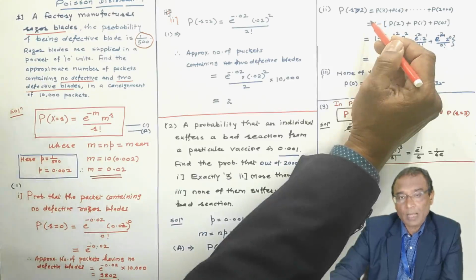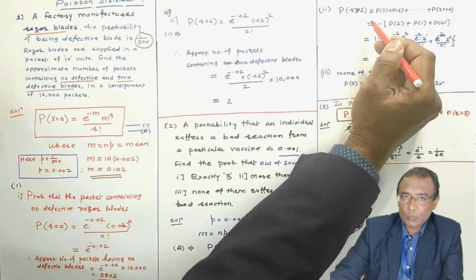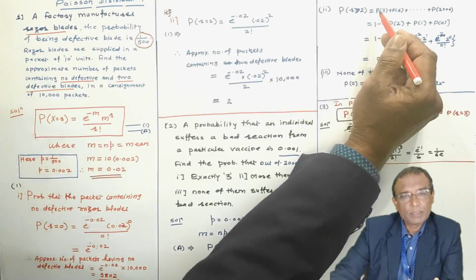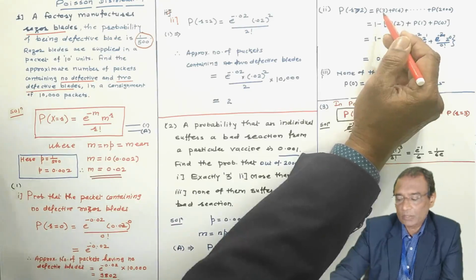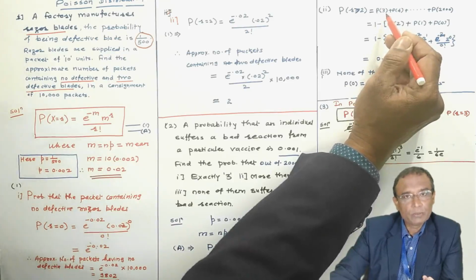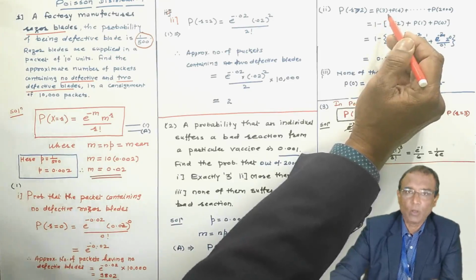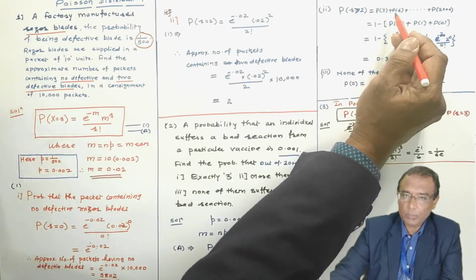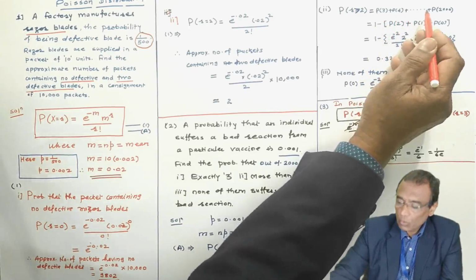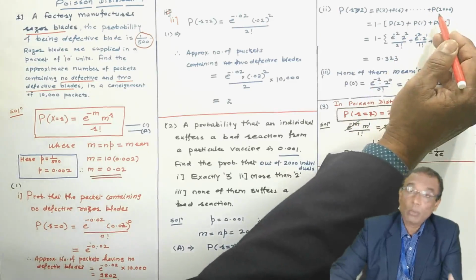Probability that R greater than 2 means probability that 3 individuals suffer a bad reaction, or 4 individuals, or 5 individuals, and so on up to 2000 individuals.